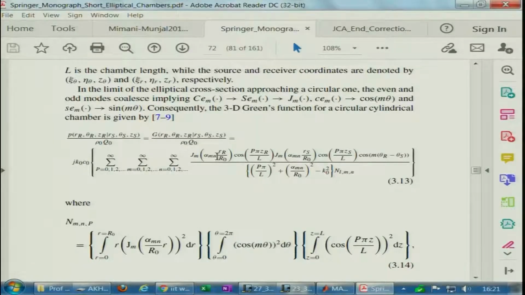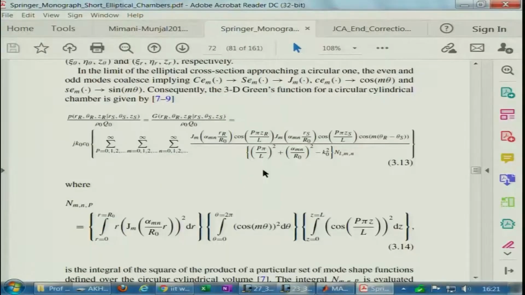So, they are not included in the solution. However, in the case of a circular cylindrical chamber with a concentric rigid pipe, the origin would not have been present, in which case it is necessary to include the Neumann functions. But here in this case the Neumann functions are not quite there.